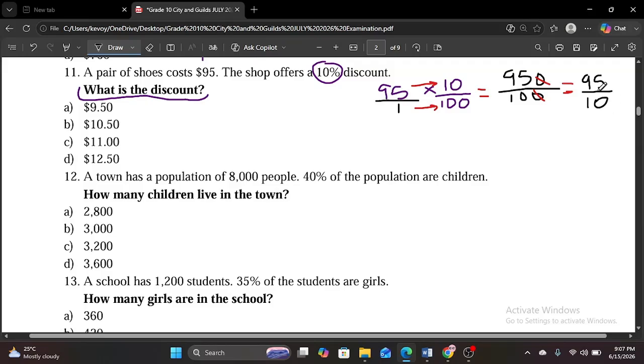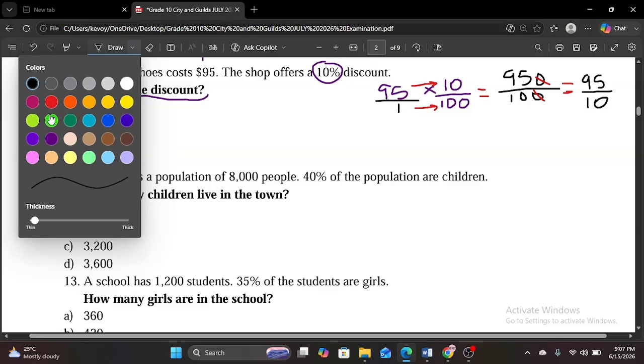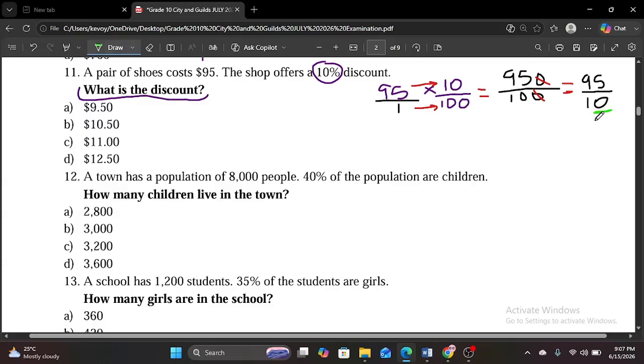So if we divide 95 by 10, it's the same thing as just moving your decimal point. For our answer right here, we move our decimal point based on the number of zeros. Because there's just 1 zero, I'm going to move my decimal point 1 time. So my decimal point should be right here, and I'm going to move it 1 time.